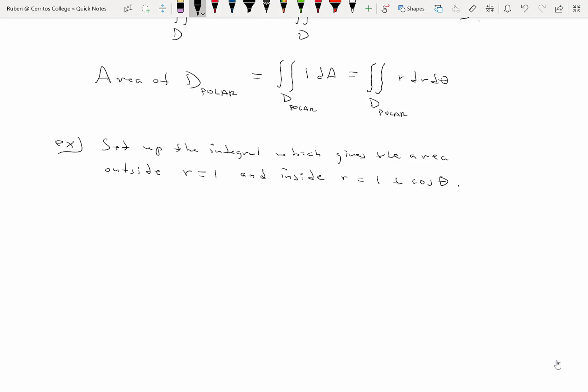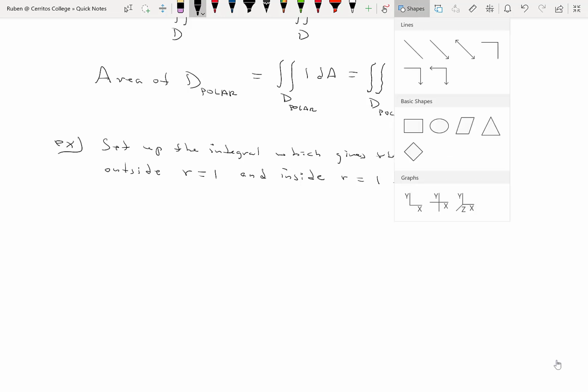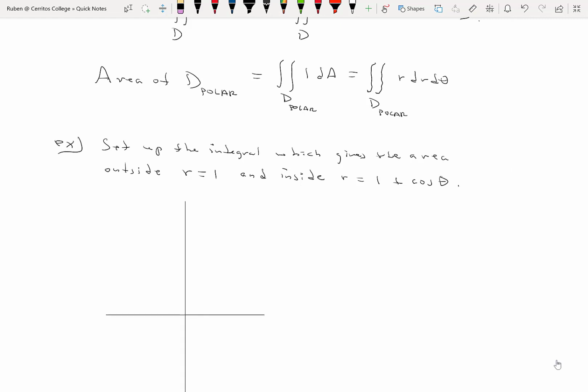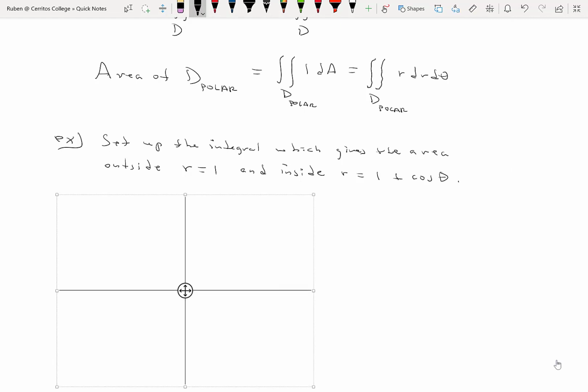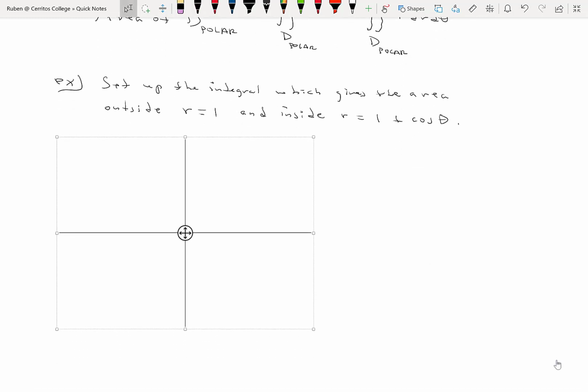So first thing we're going to do, as we do for most area problems, we're going to sketch the region. So here's a copy of the xy plane. Let's see, here's a circle of radius 1.